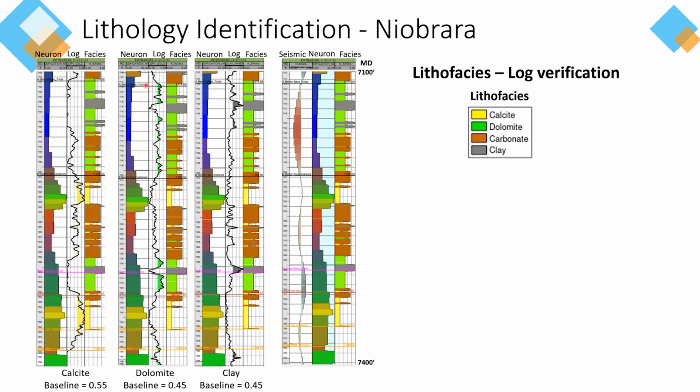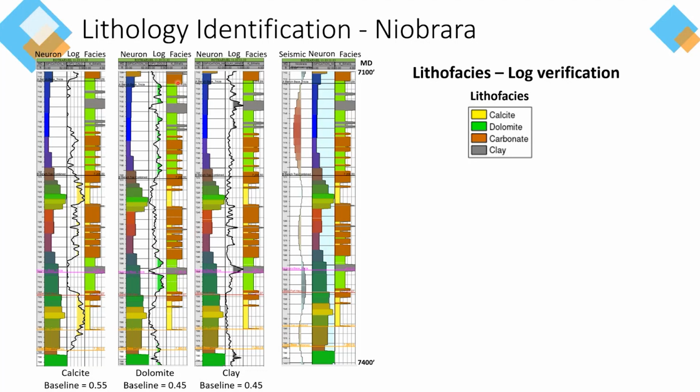I do the same with the dolomite. In this case, the baseline is 45%. And I can see that this matches very well between the well logs and the phases. And the same with the clay. So I think that gives confidence that the SOM from the well logs did what it was supposed to do.